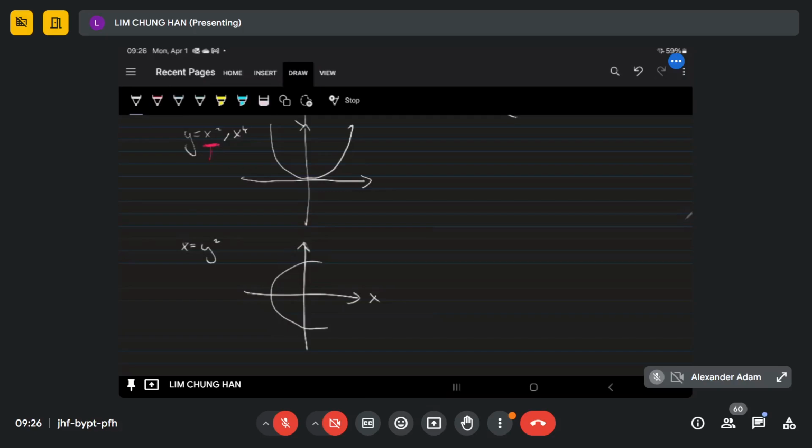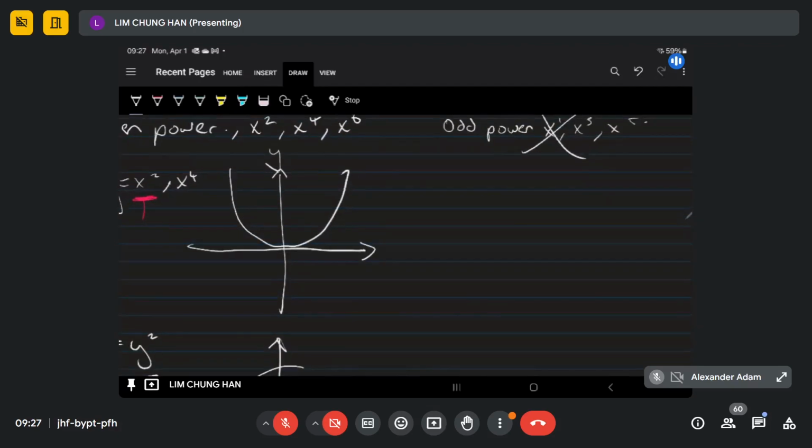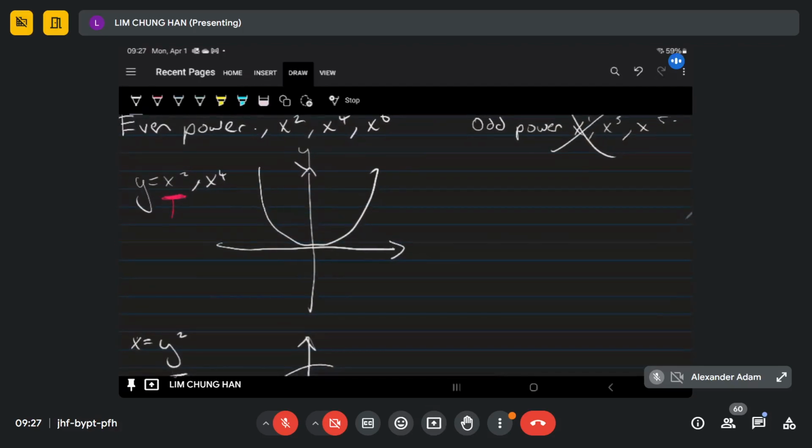So when you have y squared, everything on top of the x-axis is mirrored to the bottom of the x-axis. When you have x squared, everything on the left of the y-axis is mirrored on the right of the y-axis. Do you see this relationship?